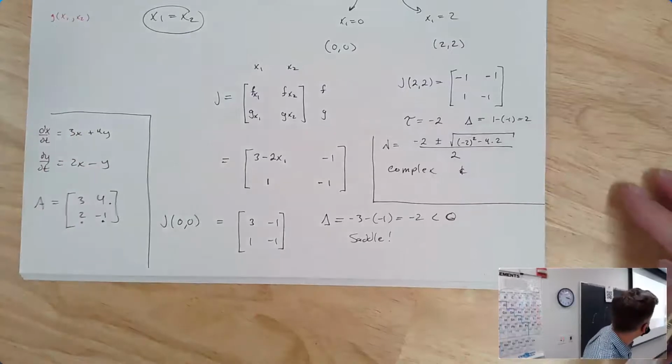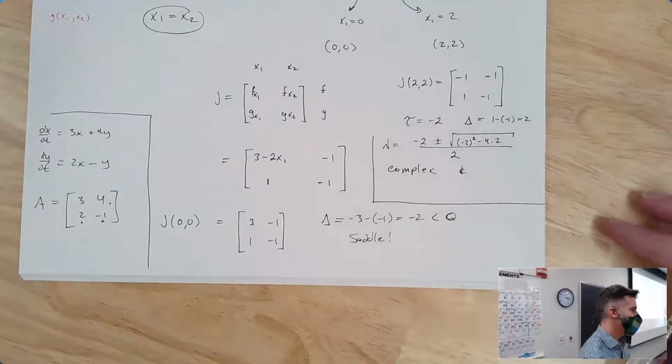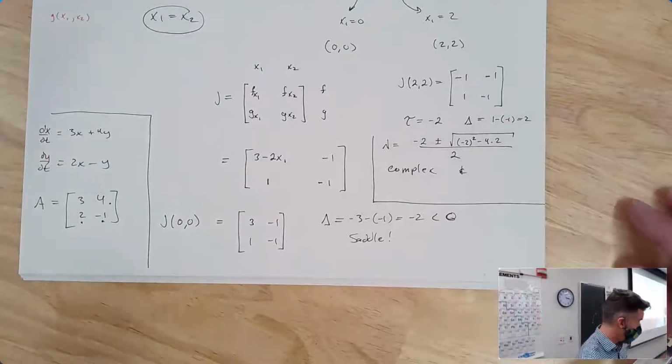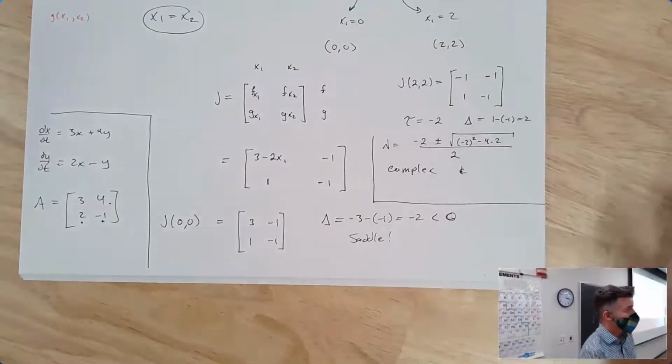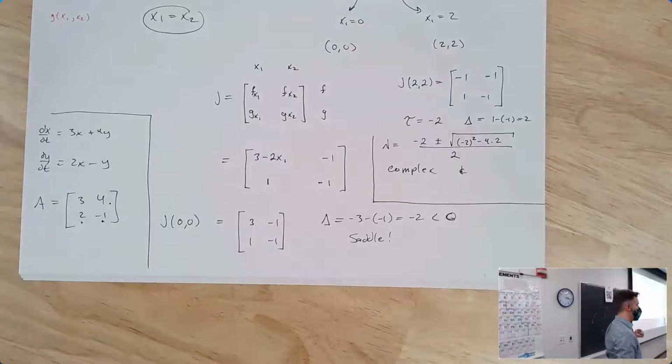And stable or not? Stable, because our real part is negative. When you think about being stable or not, it's always about the trace. Assuming we don't have a saddle, if the trace is negative, you have stability.